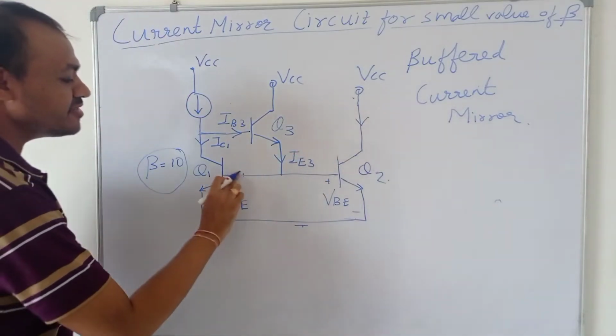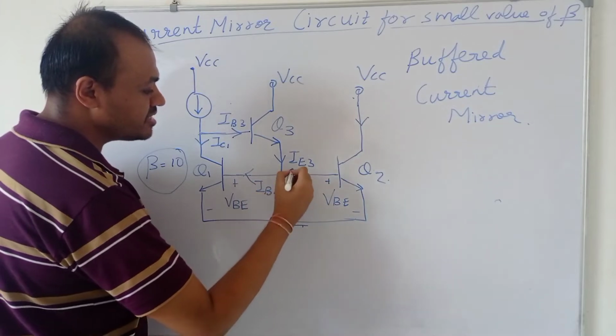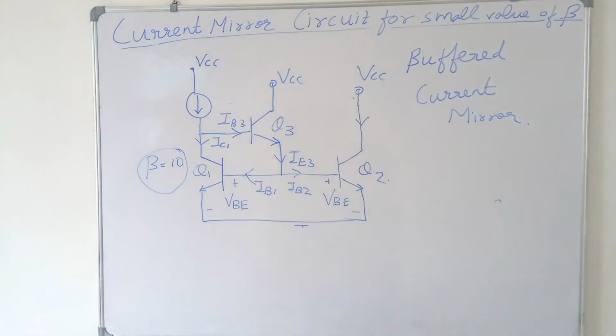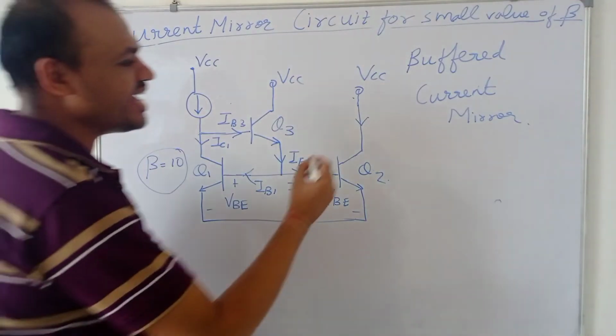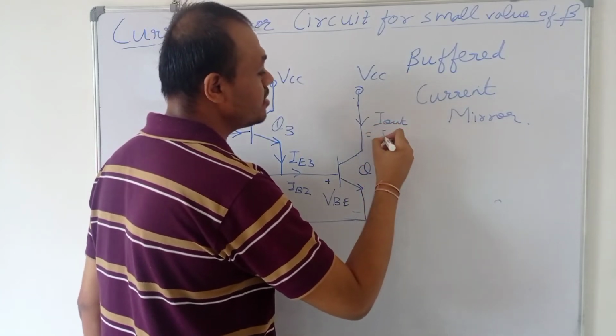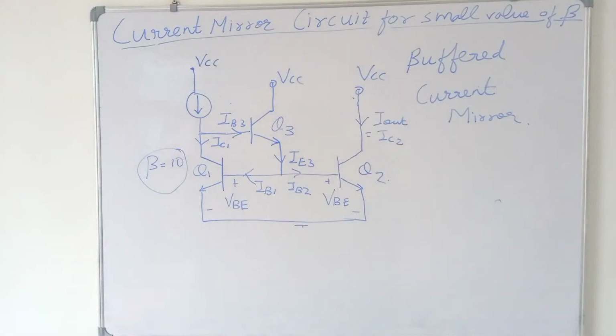This will be IB1, this will be IB2. These are the currents, and this current is I out. This is also equal to IC2. I out is equal to IC2. So these are the currents in the buffered current mirror circuit.